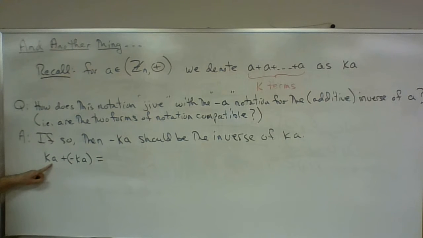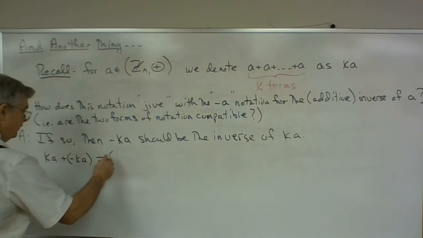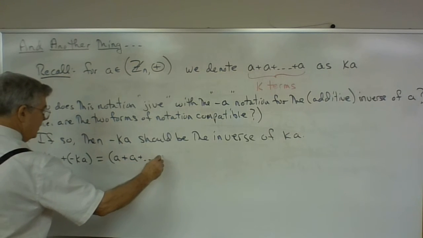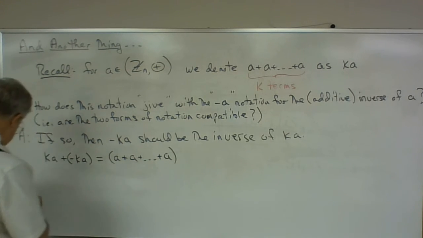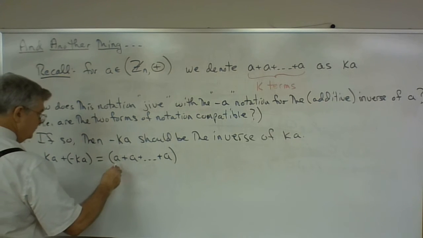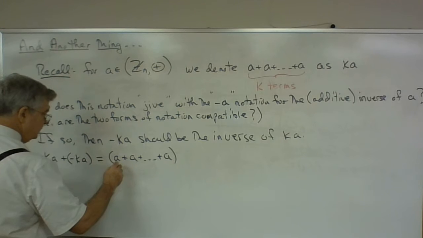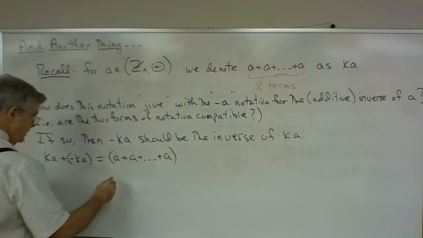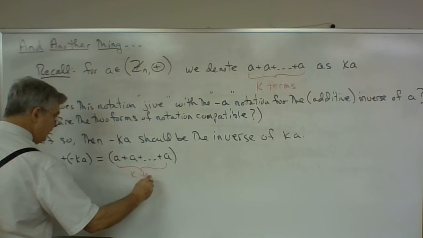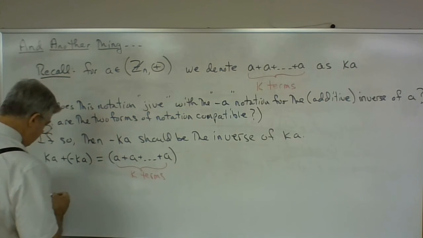This is A added to itself k times. So this is A plus A, k terms.